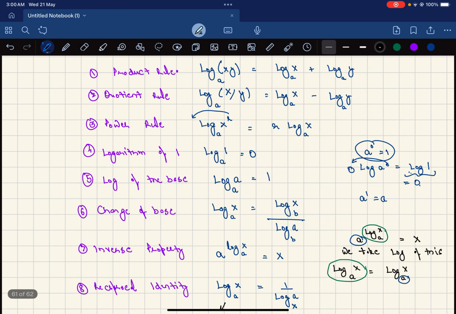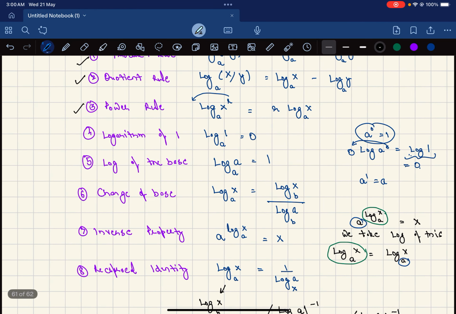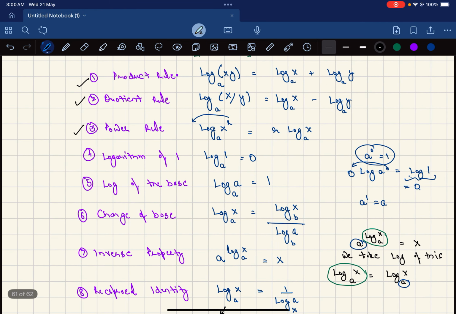So majorly the first three properties are the more important ones here, which would be used again and again, but just for the sake of completeness, we have all these properties of log that would be often used in various applications. Now this is about logs, so we'll be moving back to what we studied in the previous session about exponential distributions.